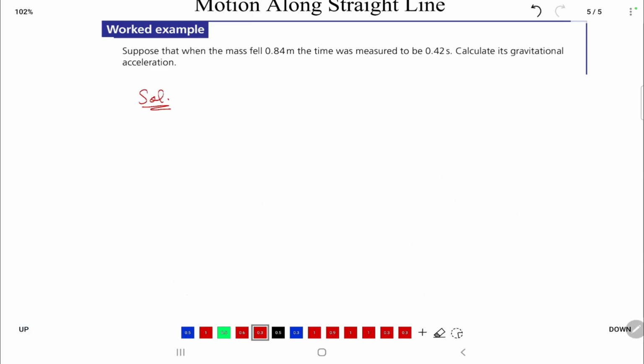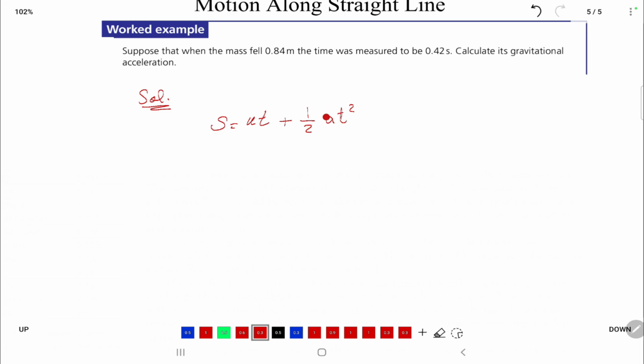Using the equation we explained yesterday, s equals ut plus half at squared, where s is the distance traveled, u is the initial velocity, t is the elapsed time, and a is the acceleration.